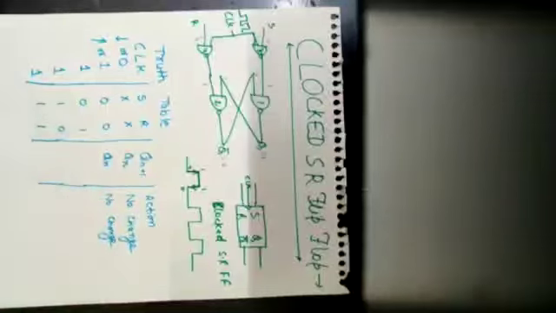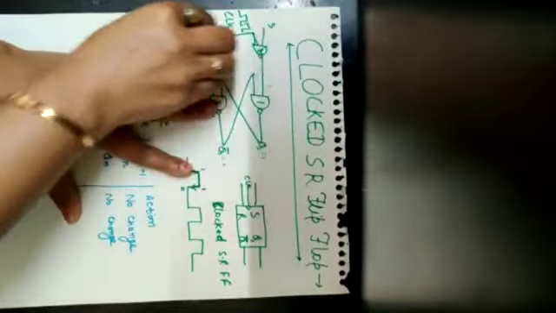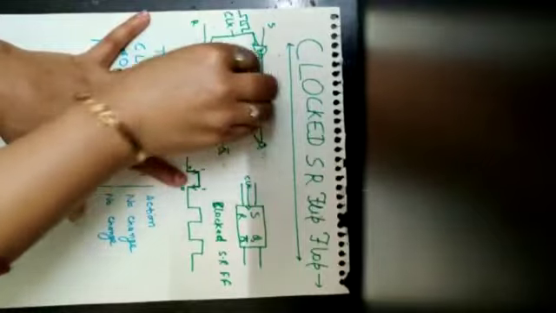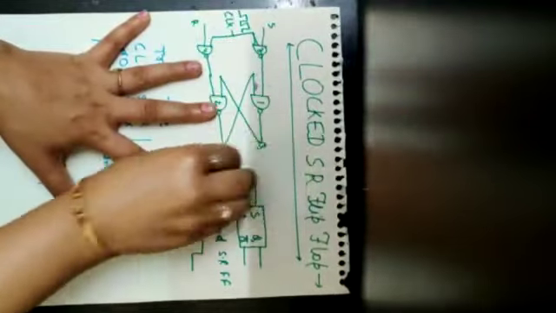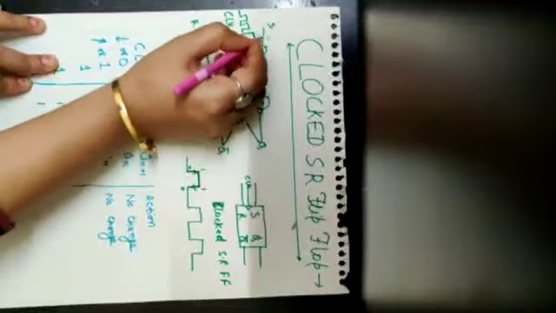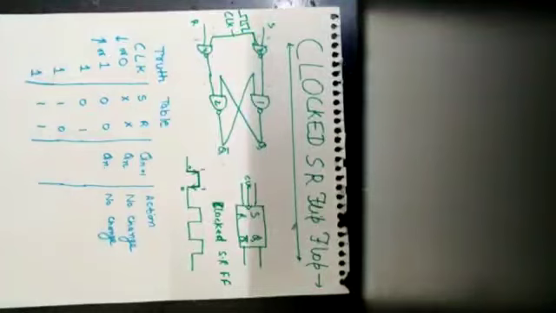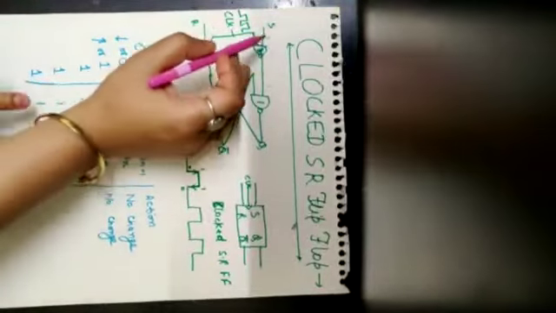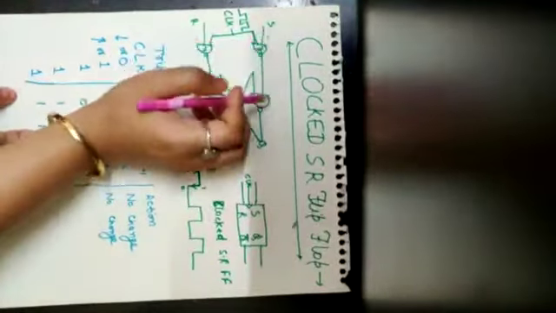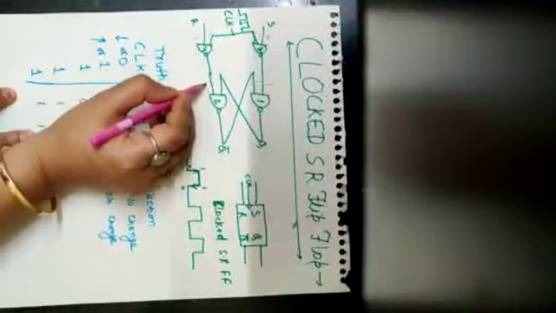Now the second input condition that we are taking is S is 0 and R is 1, and the clock is high, so the clock is 1. Since S is 0, any input being 0 gives output 1 according to the NAND gate. The other NAND gate has both inputs 1, so its output is 0.